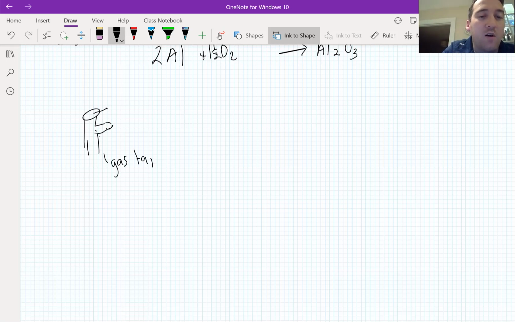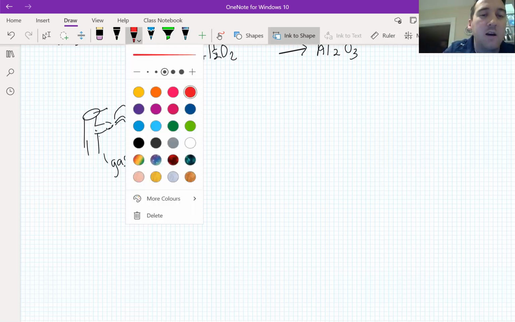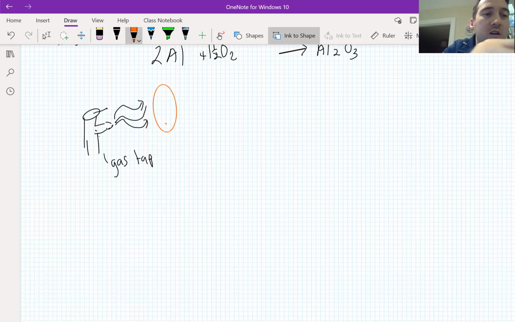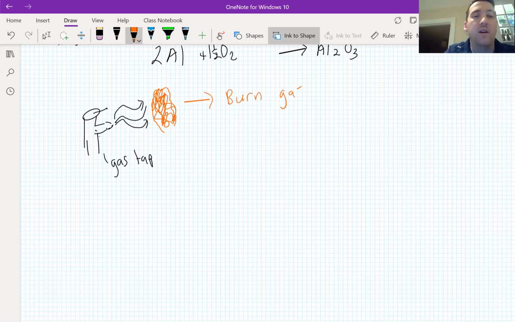We can hook up a hose to here, but basically out of here will flow a gas. And if we give it a source of ignition, like a match or a lighter, we can burn this gas. We can start a fire, we can use it as a Bunsen burner. So this gas is flammable, can be used as a fuel.